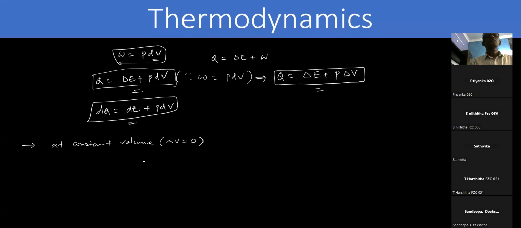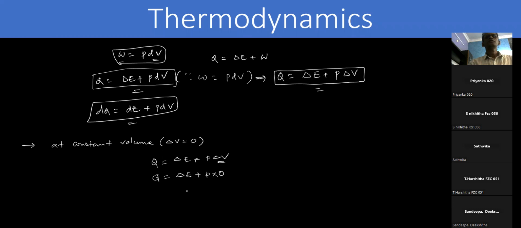Then what does the first equation become? Q equals delta E plus P delta V, right? Then Q equals delta E plus P into delta V. What is the value of delta V?